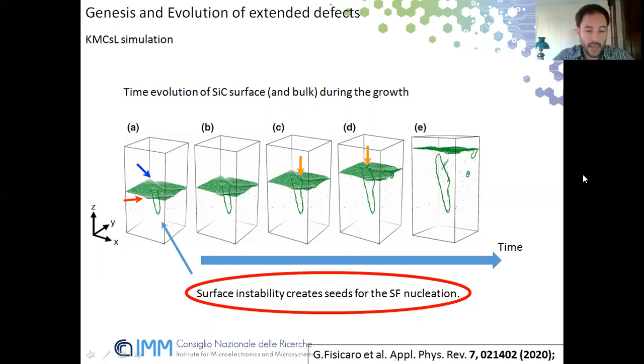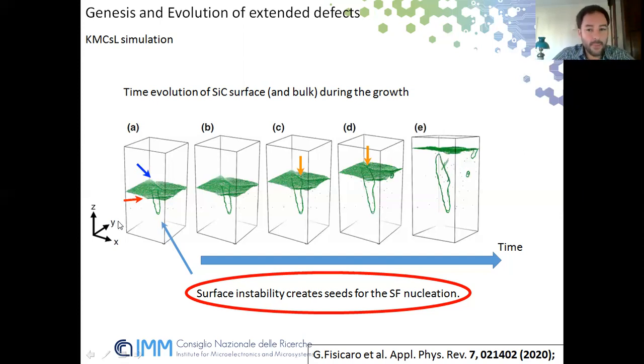So we performed some kinetic Monte Carlo simulation, in order to study the time evolution of the thick surface during the growth. This work was done in collaboration with Giuseppe Fisicaro, who works in the group of Antonino Lamagna.